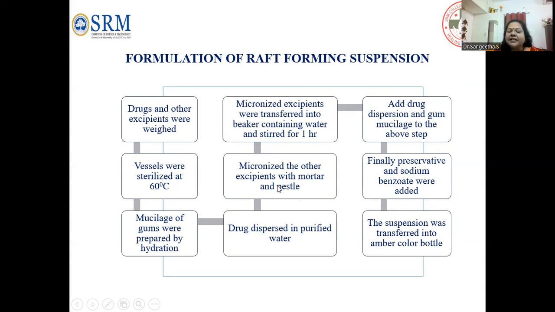Then the other excipients were micronized with mortar and pestle. The micronized excipients were transferred into the beaker containing water and stirred for about 1 hour. Then the drug dispersion and the gum mucilage were added together with slow mixing. Finally, the preservative sodium benzoate was added and the suspension was transferred into an amber colored bottle for further use.